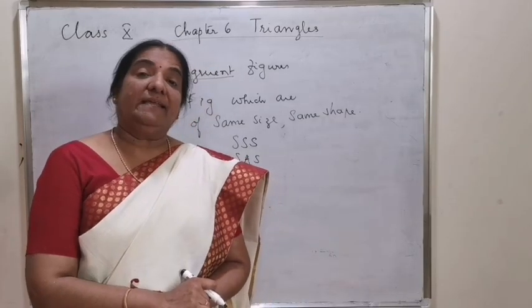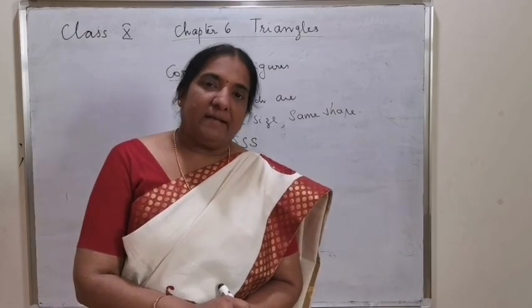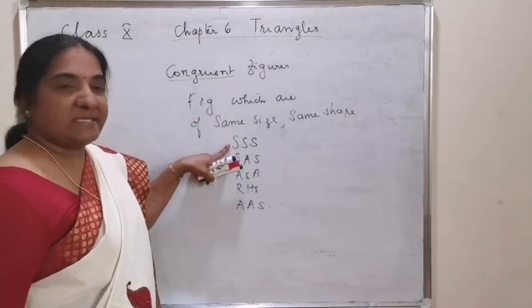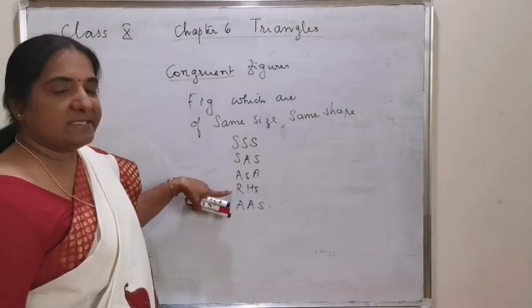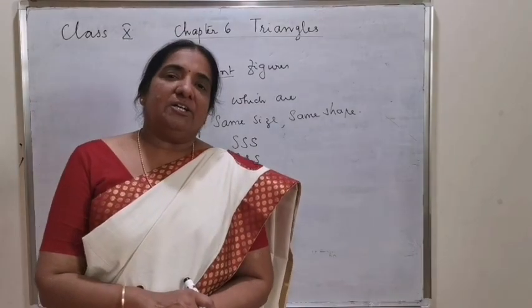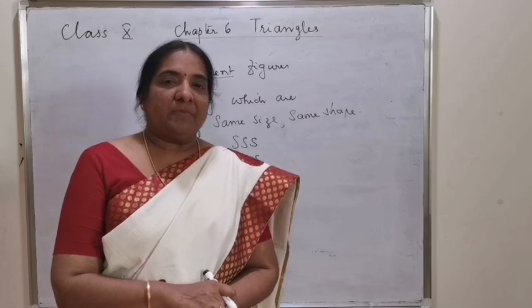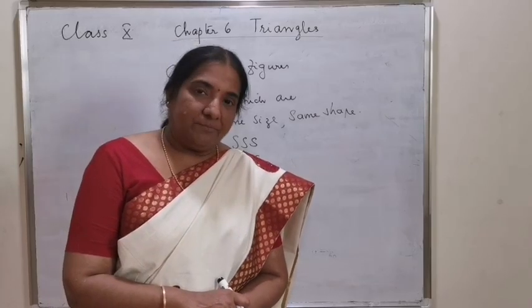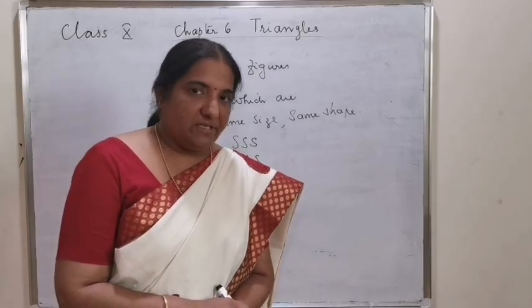The various criteria for proving 2 triangles as congruent, SSS congruency, SAS, ASA, RHS and AAS, have been discussed earlier very clearly in class 9. In class 10, we will be dealing with similar figures.